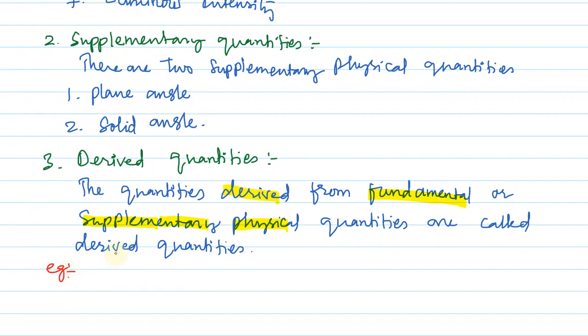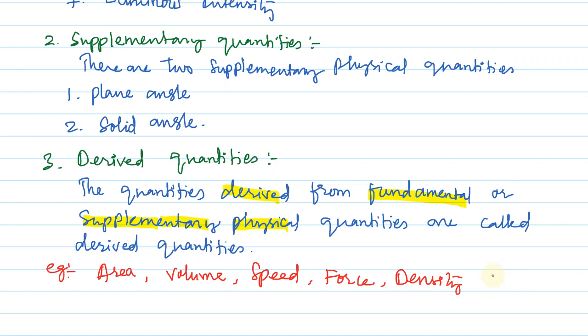Examples for derived quantities. Let's take area. Area is derived from the fundamental quantity called length. We know area is nothing but length into breadth. Next we can take volume. This is also a derived quantity taken from the fundamental quantity length. Another one is speed. It is nothing but distance by time. Distance is a fundamental quantity and even time is a fundamental quantity. We can consider force also as a derived quantity, and density, mass per unit volume.